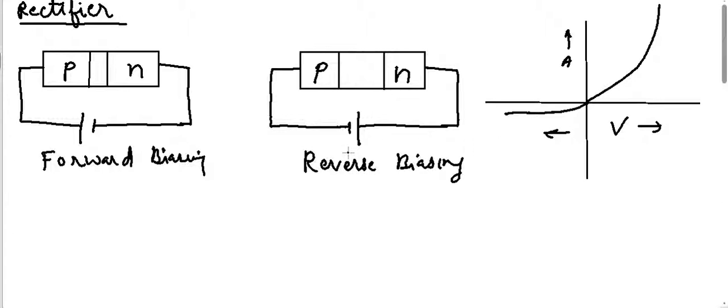Now let us look at how this property of a diode, that when it is forward biased current will flow and when it is reverse biased current will not flow, can be used for rectification. What is rectification?